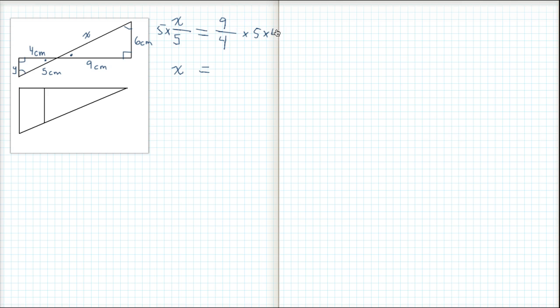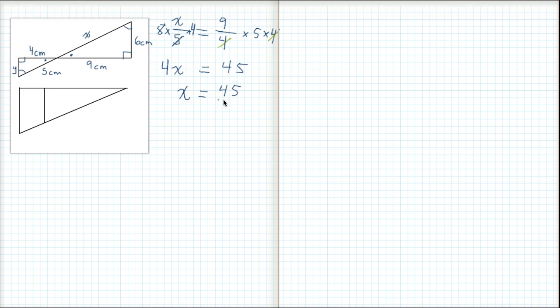And if I multiply both sides by 4, then I have 4x equals 9 times 5, which makes 45 on this side. Divide both sides by 4, and I get x equals 45 divided by 4.